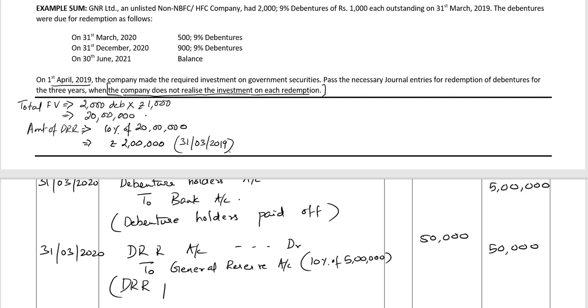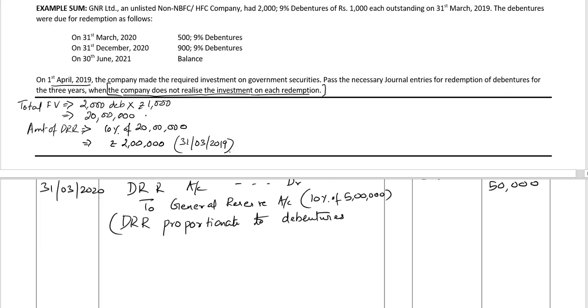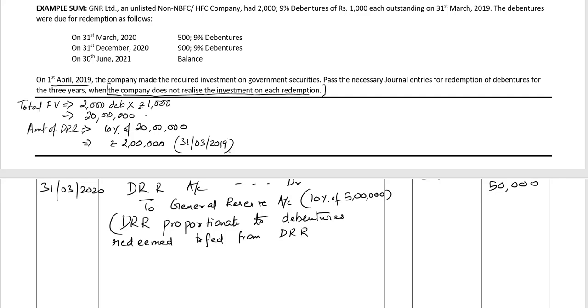Narration: DRR proportionate to debentures redeemed transferred from DRR to general reserve.